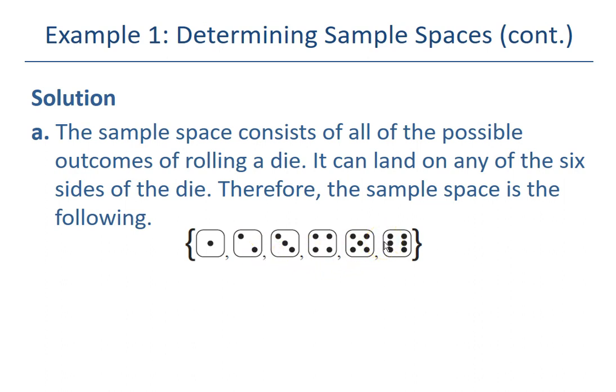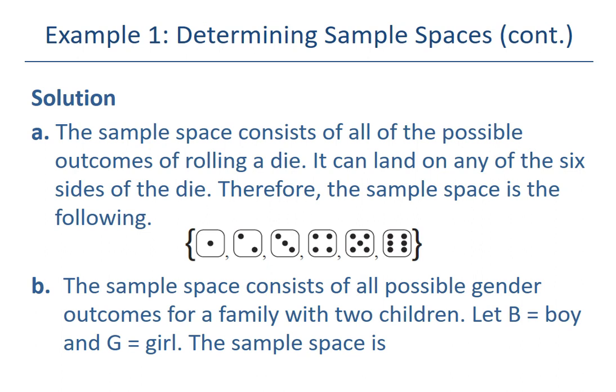It gets to be 36 possibilities, but we'll go into that a little later. So your sample space for gender, again, is a boy and a girl. So, listing them, actually, you could have boy, boy, boy, girl, girl, boy, girl, girl.